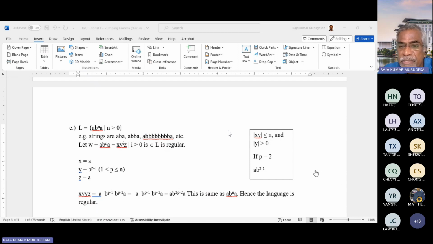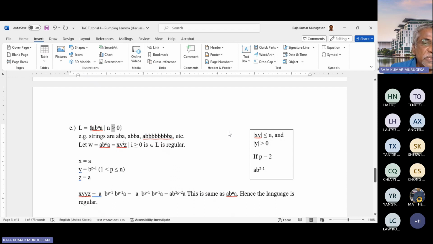Yeah. So there's another one, a b^n a. To answer Tan on this one, even if you change this to greater than or equal to 0, it does not make any change.